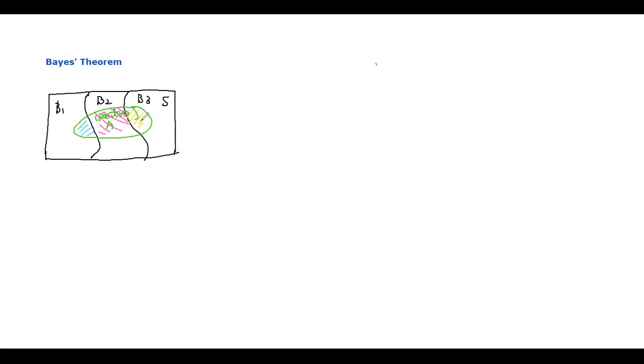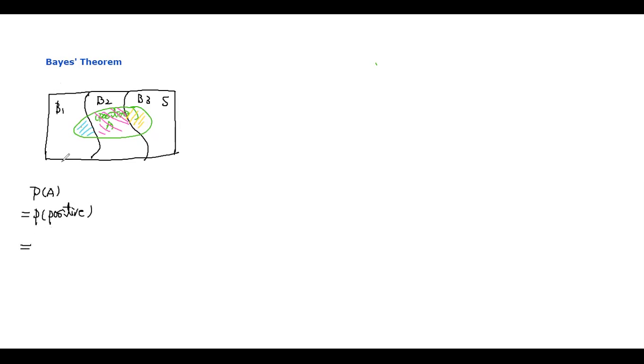You have 3 situations, and they all can give you a positive. When you add them, you will find the probability of getting a positive. So I want to find A: the probability of A is the probability of testing positive.